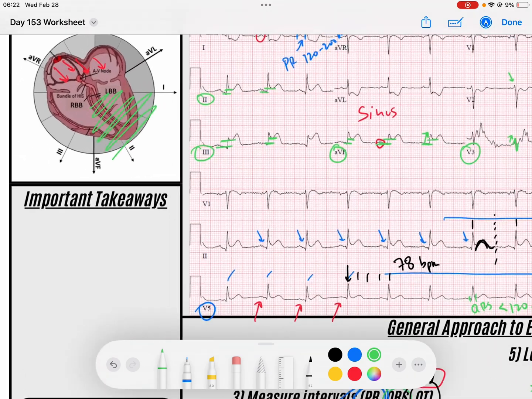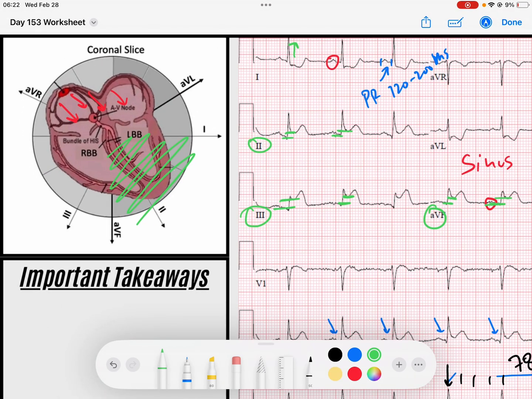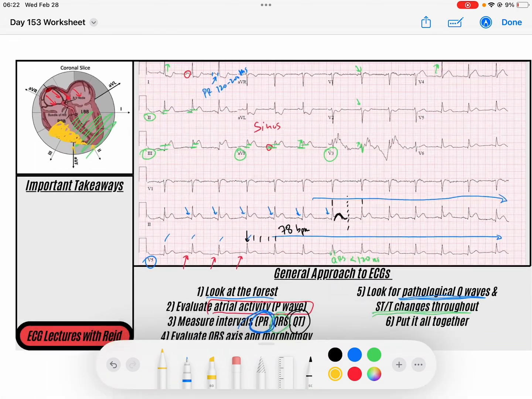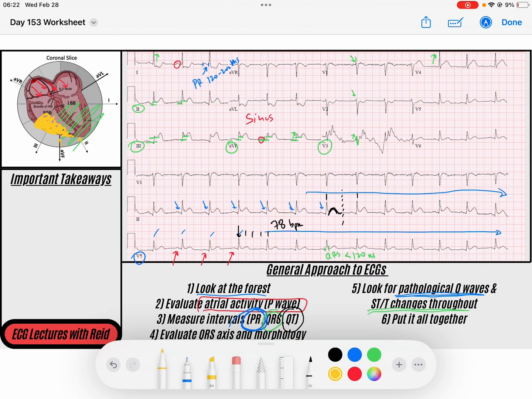If you look at my inferior leads, the way that they project, probably most of the myocardial infarction is more aligned with lead 3, but it's still being captured a little bit by AVF and lead 2, right? But it's mostly lead 3. So we've got this inferior infarction that's more of a right-sided inferior infarct.